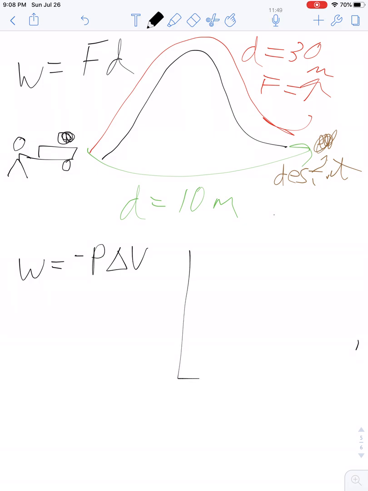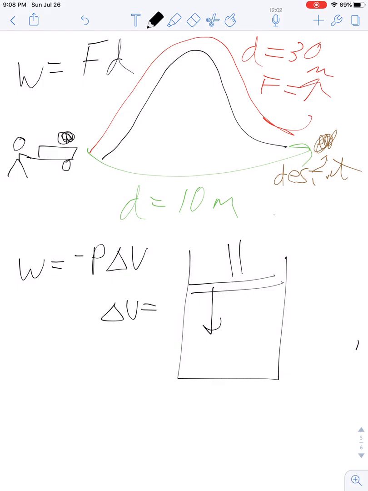So when my piston goes down, my change in volume will be negative, and that means that my work is going to be positive, because a negative times a negative gives me a positive value. Okay?